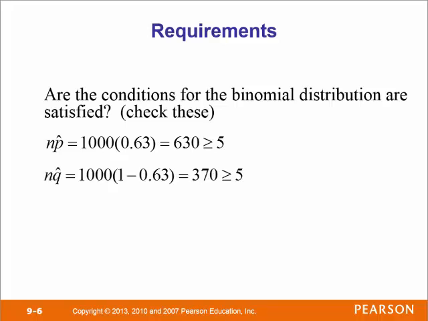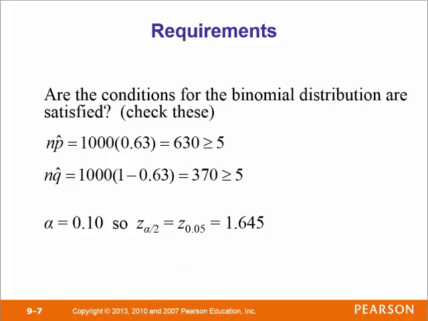Remember, q hat is just 1 minus p hat. So that's clearly also greater than or equal to 5. The one thing we also want to note is that alpha is equal to 0.10, since we're doing a 90% confidence interval. So alpha over 2 is 0.05, and z alpha over 2 then is 1.645. Remember, that's the z value that's bounding the top 5% of the normal distribution.